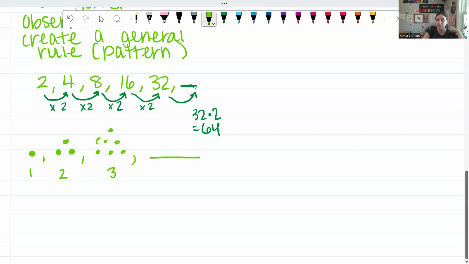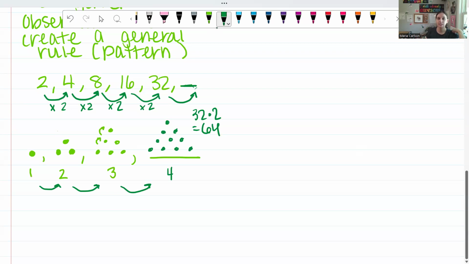The row above it has 1 less than 3, which is 2. And the row above that has 1 less, which is 1. So to find the next shape in the pattern, I'm going to have 4 dots as my base. The next row is going to have 3. The next row will have 2. And the last row will have 1. Just continuing this pattern.